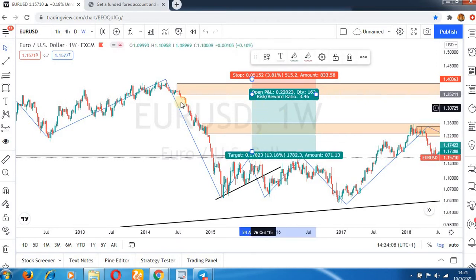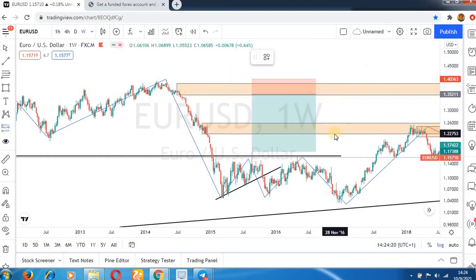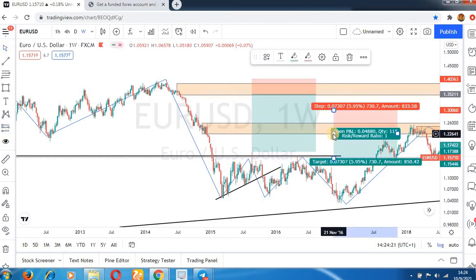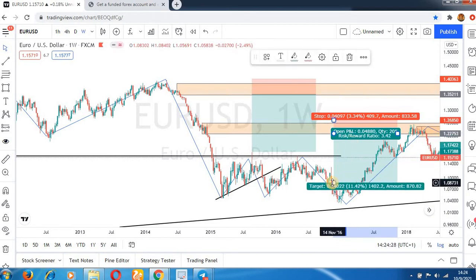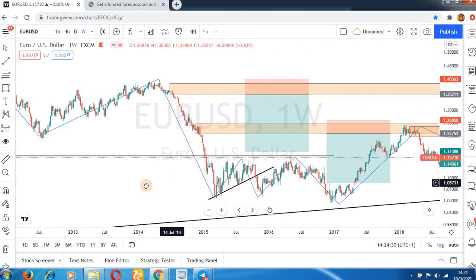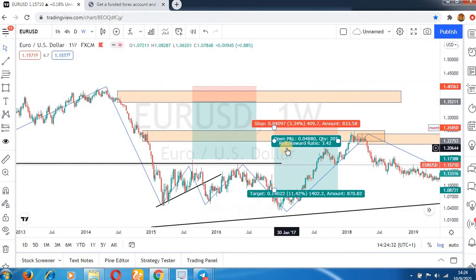If I go to a lower time frame, if I refine this trade now, and we'll talk about refining entries, I see that I have like 3R in this trade. If I check this one, I find out I have about 3R also. This is why you don't need to overtrade. I'm just being arbitrary.